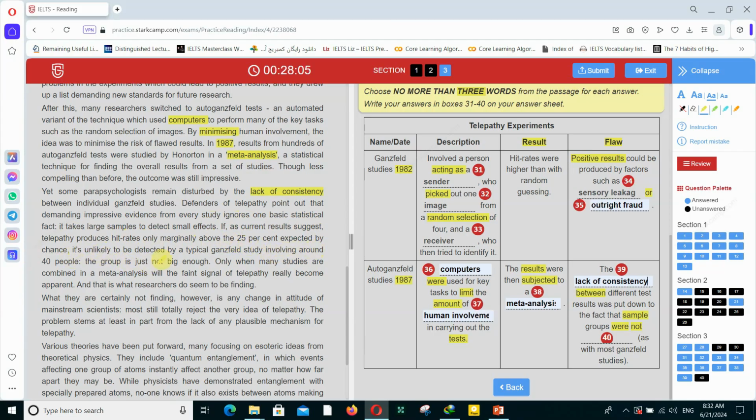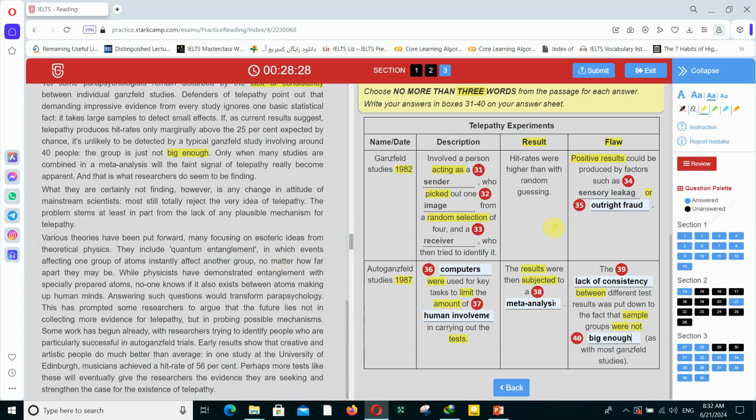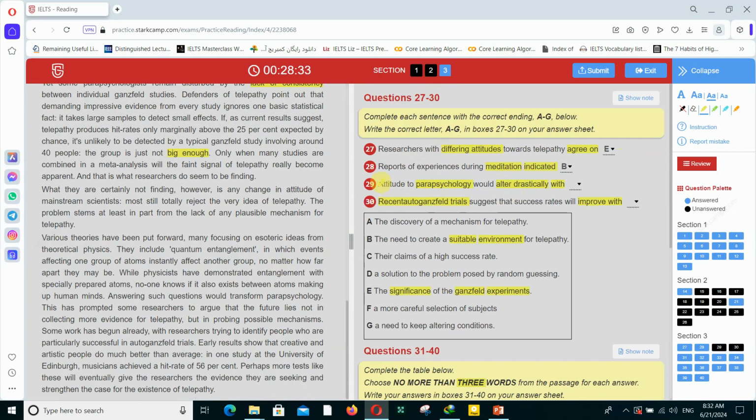The group is just not big enough, as with most Ganzfeld studies. Only when many studies are combined in a meta-analysis will the faint signal of telepathy really become apparent, and that is what researchers do seem to be finding. So now we've finished 31 to 40, and we are left with 29 and 30.